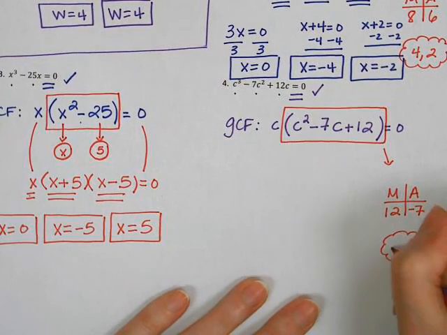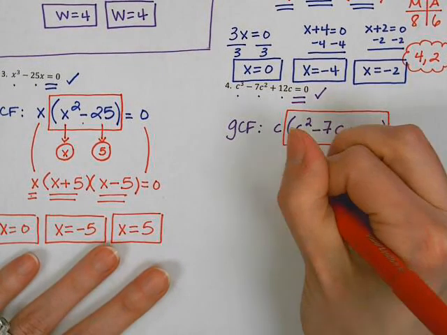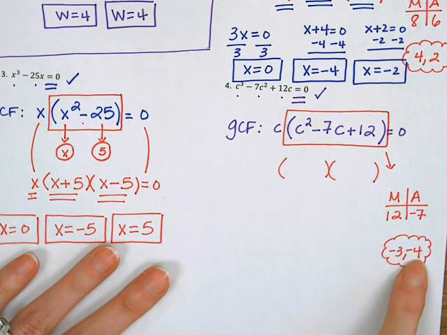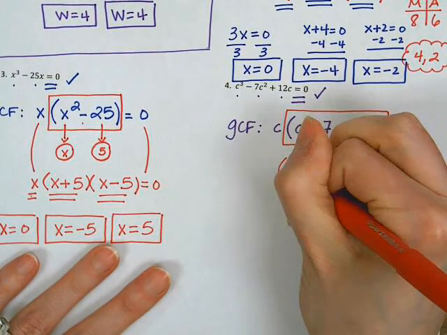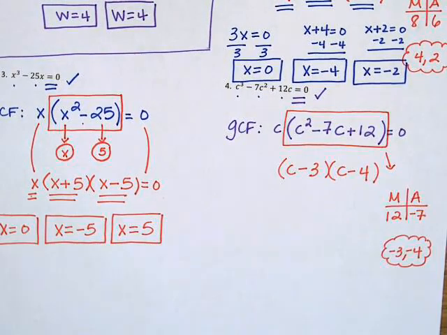And it looks like they're going to be negative 3 and negative 4. Okay, the trick. When you actually factor it, if it's negative 3 and negative 4, then the factors are c minus 3, c minus 4. They become the factors.